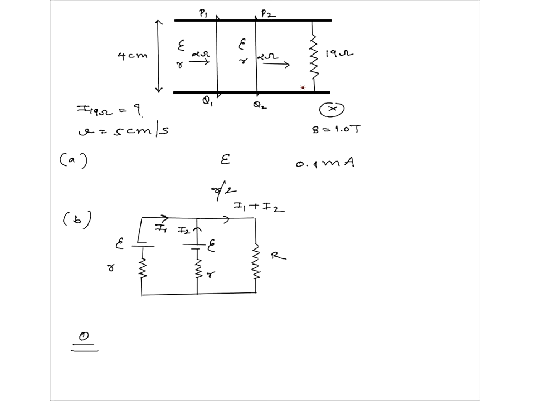Obviously yes. And which side is positive is not really important to answer how much will be current. Suppose this is positive, this will also be positive. So it's like two batteries in parallel basically. Two batteries in parallel.